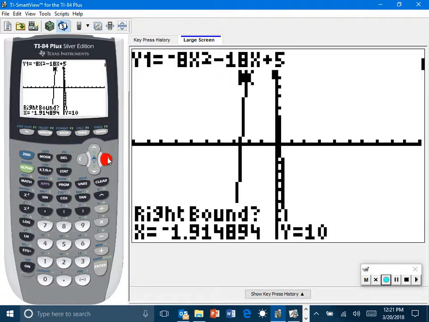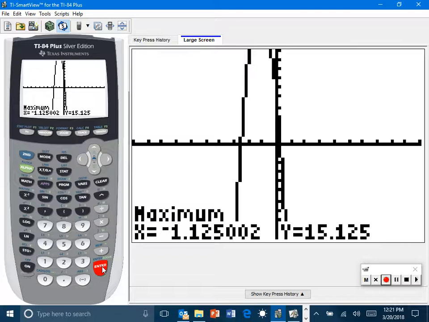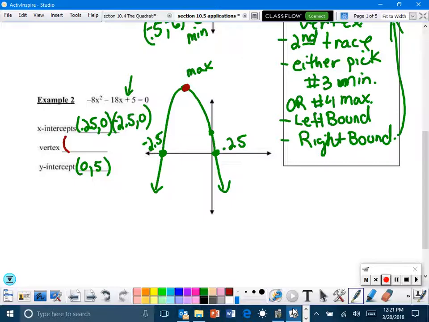Now I need to move the spider around to the other side. It's going to disappear for a little bit, and then it's going to come around. Oh, there it is. Okay, I know I'm on the right side. I'm going to hit enter twice. 1, 2. So, aha, my maximum. I'm going to round it: negative 1.13 and 15.13.